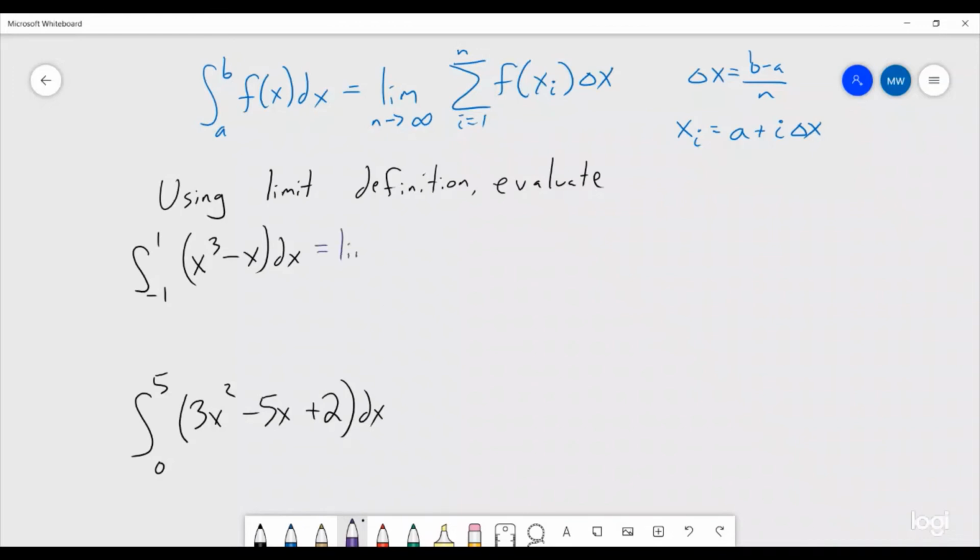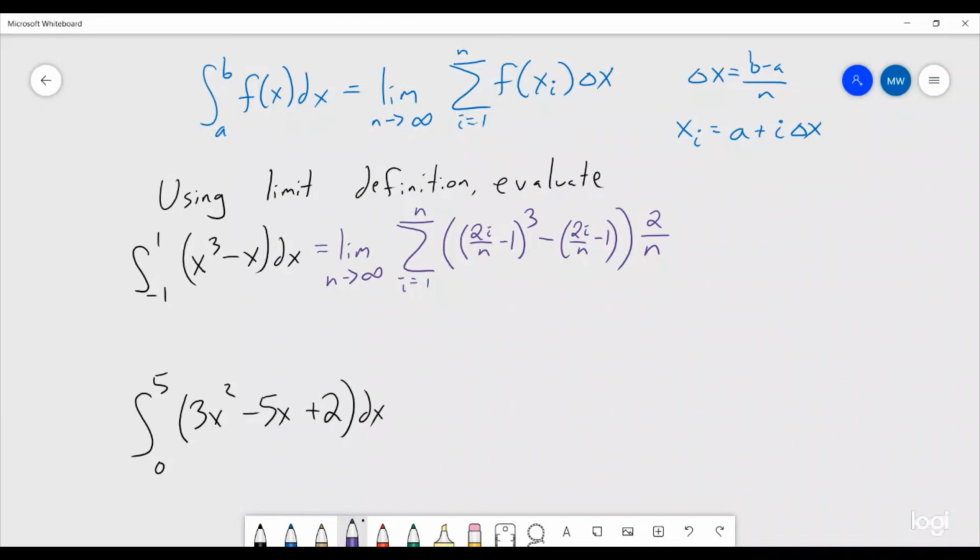Delta x is going to be b minus a, so that's 2 over n. Our x sub i's are going to be -1 plus 2i over n. So that's the sum of (2i over n minus 1) cubed minus (2i over n minus 1). There you go. That's what we need to evaluate.